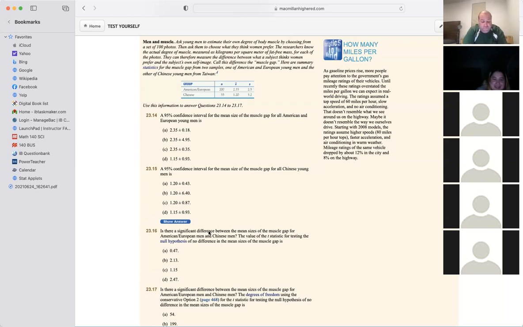Someone get 15 correct. This is a confidence interval. Okay. All right, what do we get?